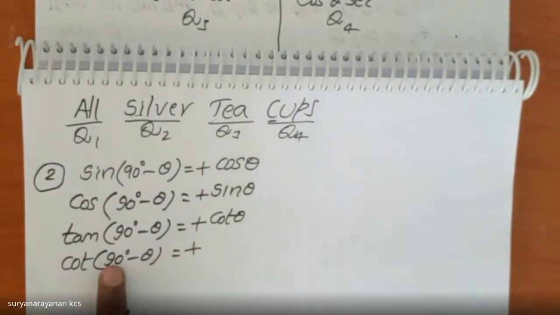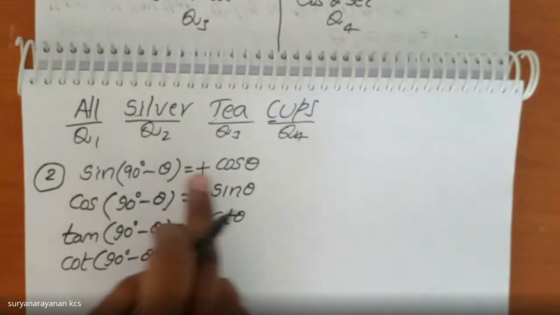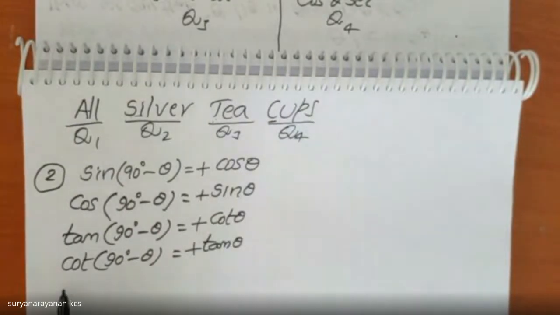Then we have to check whether the angle is written as a combination of 90 degrees, meaning 90 plus theta or 90 minus theta. If so, cot changes to tan, tan changes to cot, cos changes to sine, sine changes to cos. Understood this point, my children?